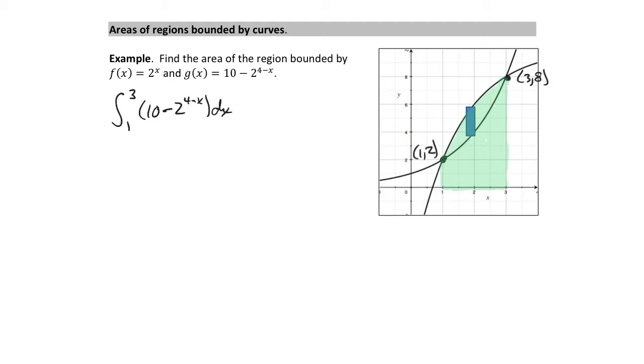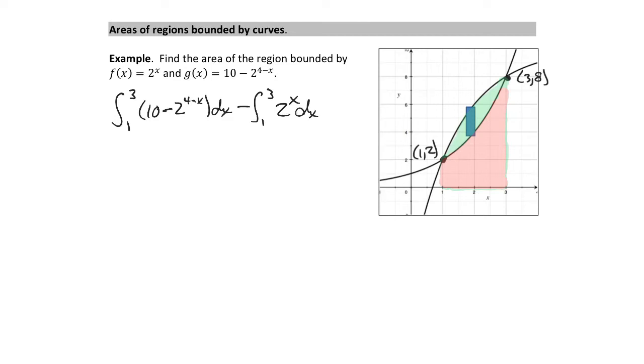And so what we can do is eliminate the overshoot by taking the region bounded by the other curve and the x-axis and subtracting that from the value that we just calculated. So when we do that, we would subtract the integral from 1 to 3 of 2 to the x dx.